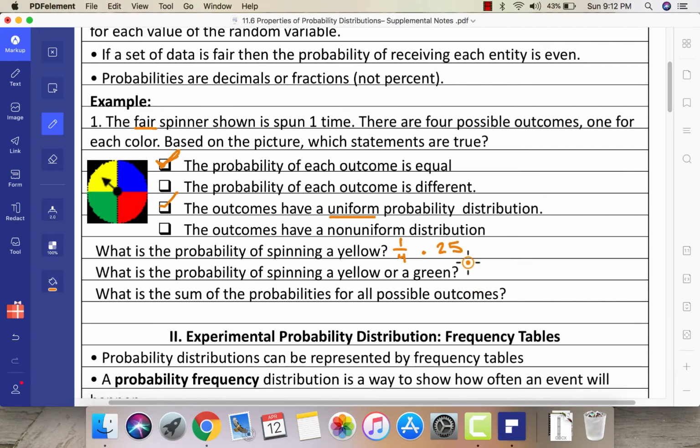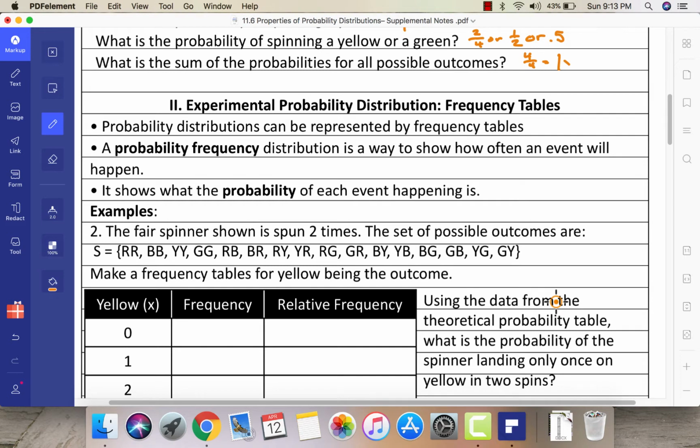What is the probability of spinning a yellow and a green, which would be 2 out of 4, or 1/2, or 0.5. And what is the sum of probability for all 4 outcomes? Well, it would be 4/4, which is equal to 1.